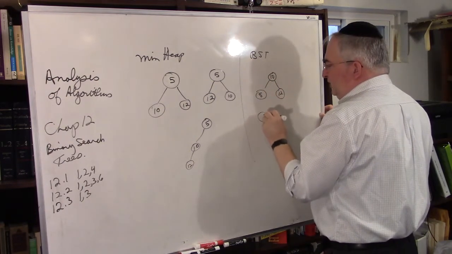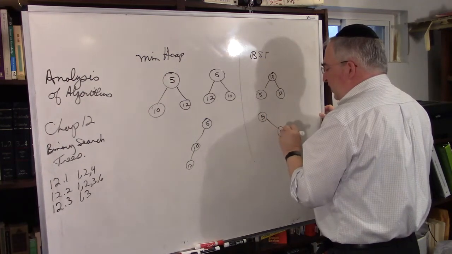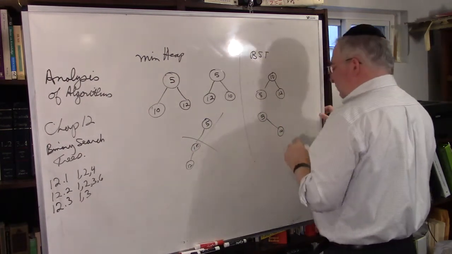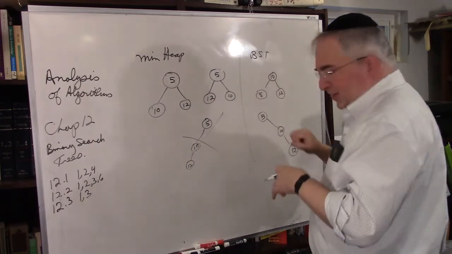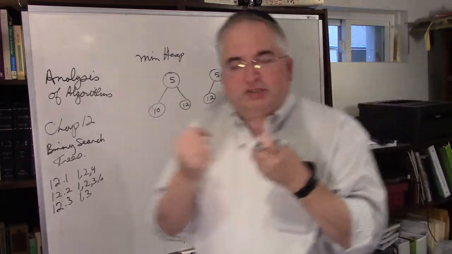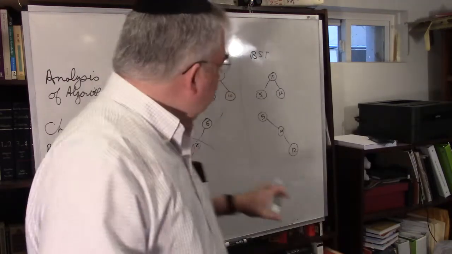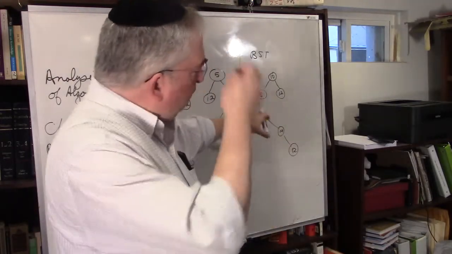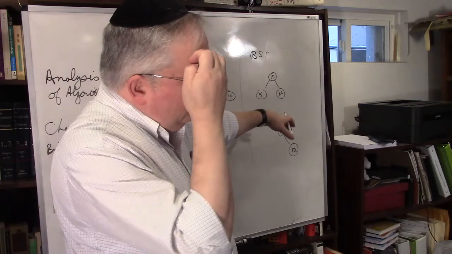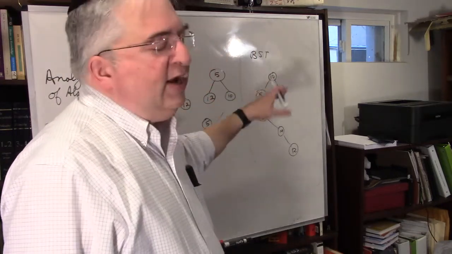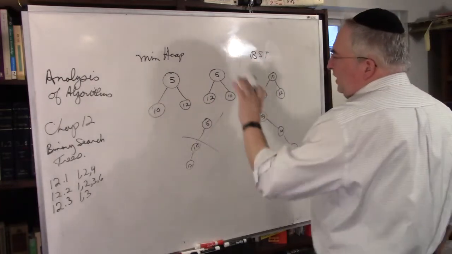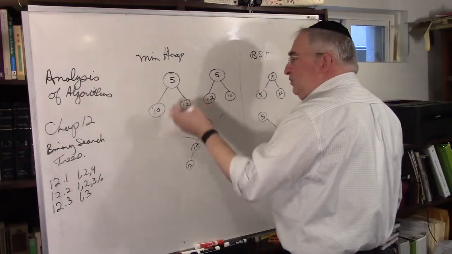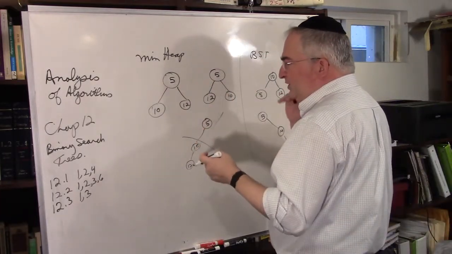Another example is here's 5, here's 10, this is not a min-heap, and this is 12. Anyways, it's much more rigorous. And we can do an in-order search for these things, and we'll get it out in sorted order. But not for these things. The reason is because there's not enough structure. There's a lot of things that can go on.